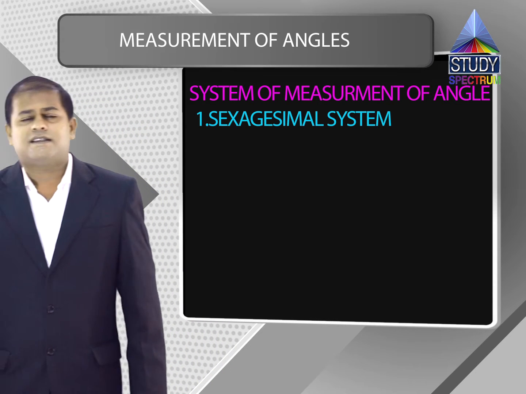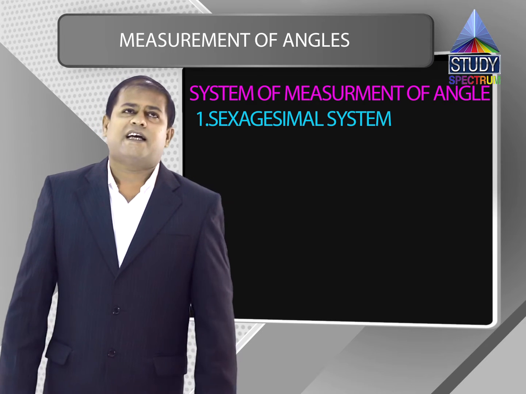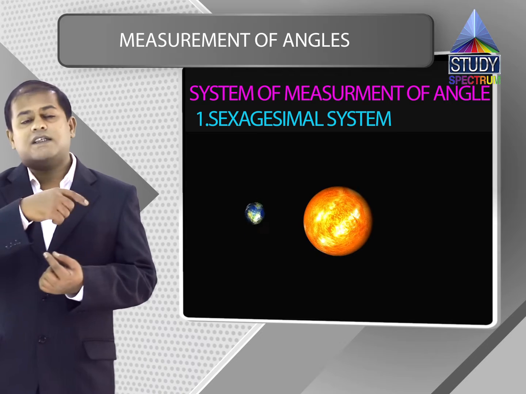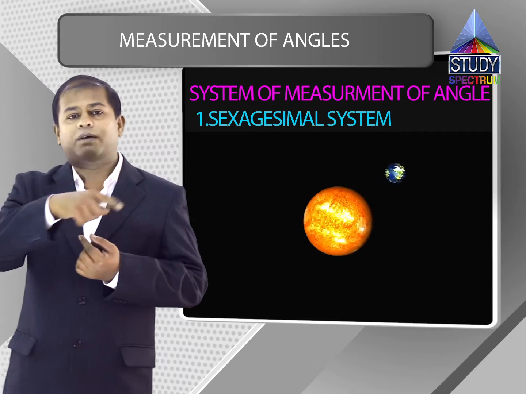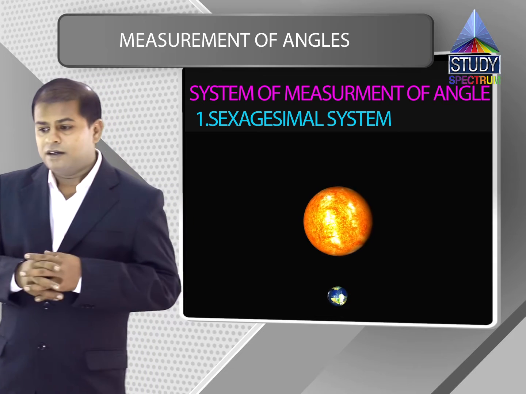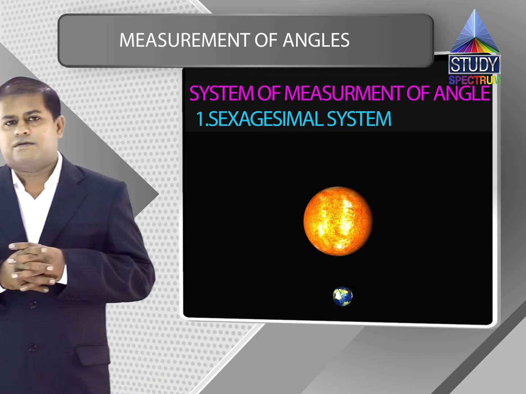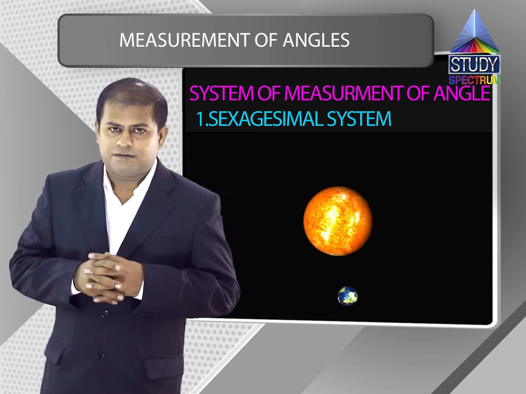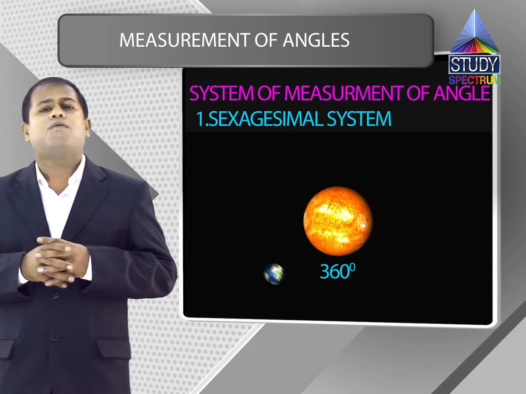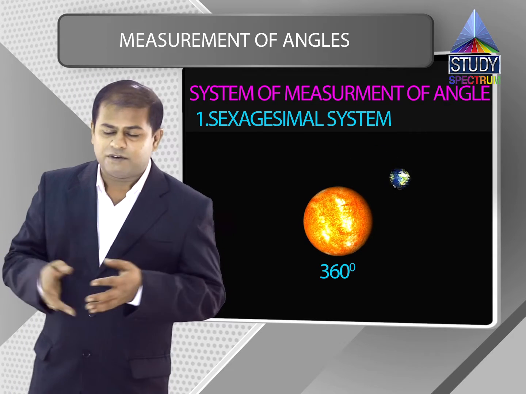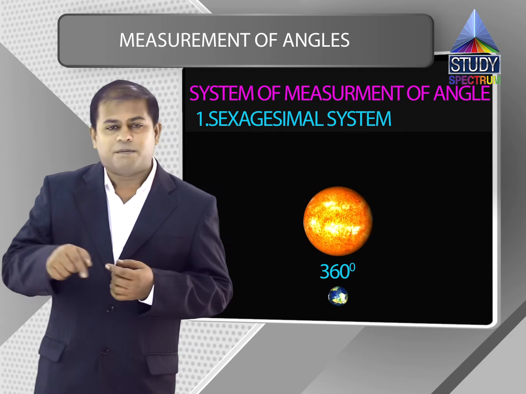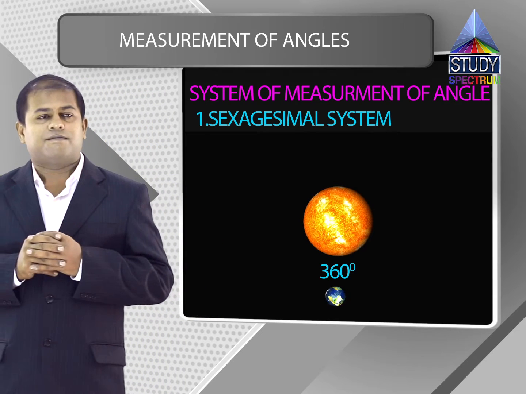Angle measurement in the sexagesimal system was derived from the fact that Earth takes almost 360 days to complete one revolution around the Sun. Not exactly 360, we know very well it's 365 plus something, so almost 360 days to complete one revolution around the Sun.